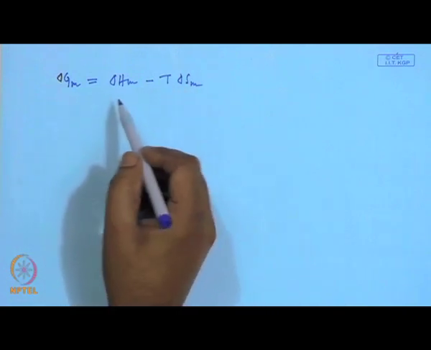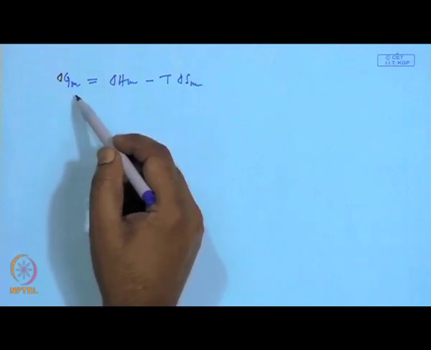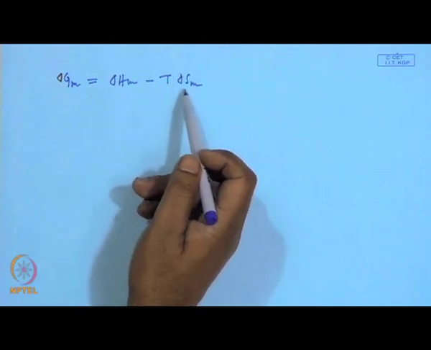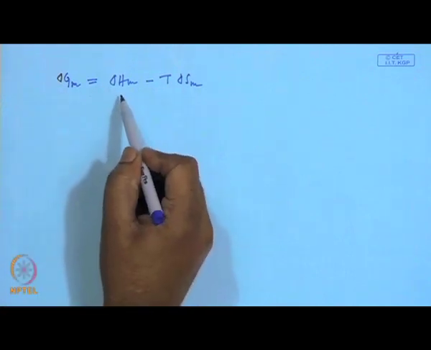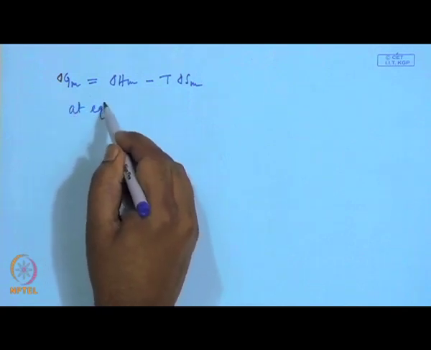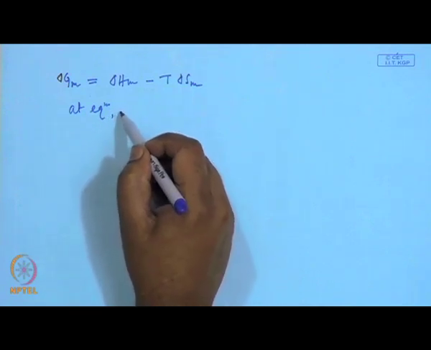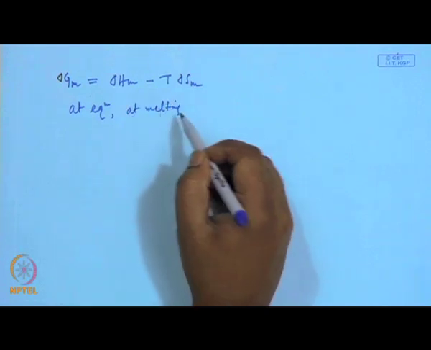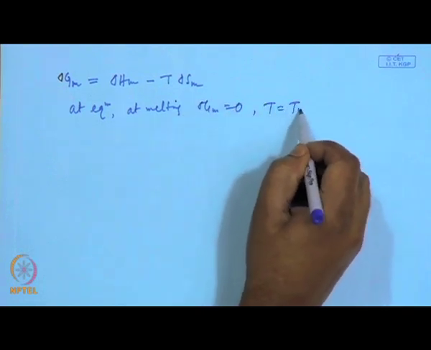Now, these delta G m, delta H m and delta S m are the corresponding terms for a particular repeat unit, per repeat unit. Now, at equilibrium, which is the case of melting, at melting delta G m would be 0, T is T m, the melting point.